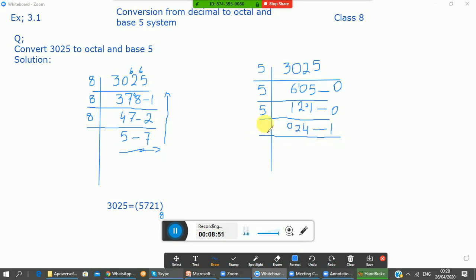Again dividing with the table of 5, it is 24. So read the table of 5 nearest to 24. So 5 fours are 20. So what is remainder? Remainder is 4.